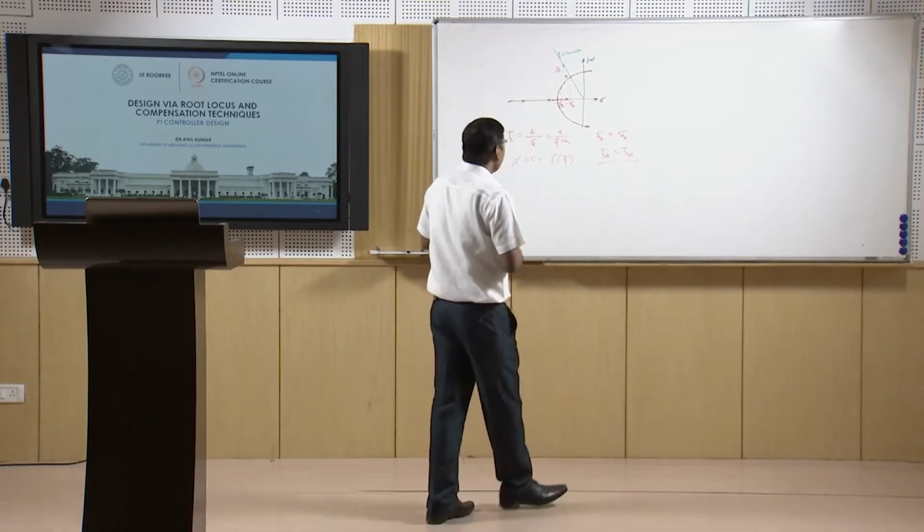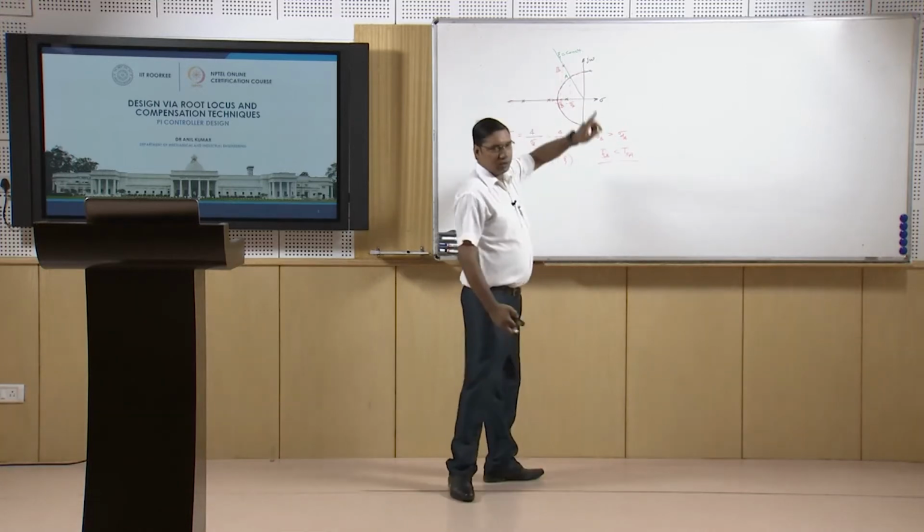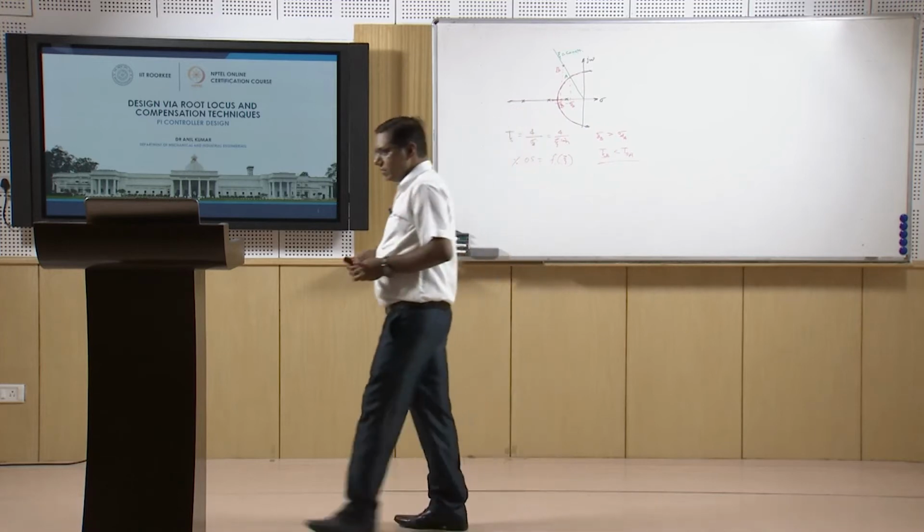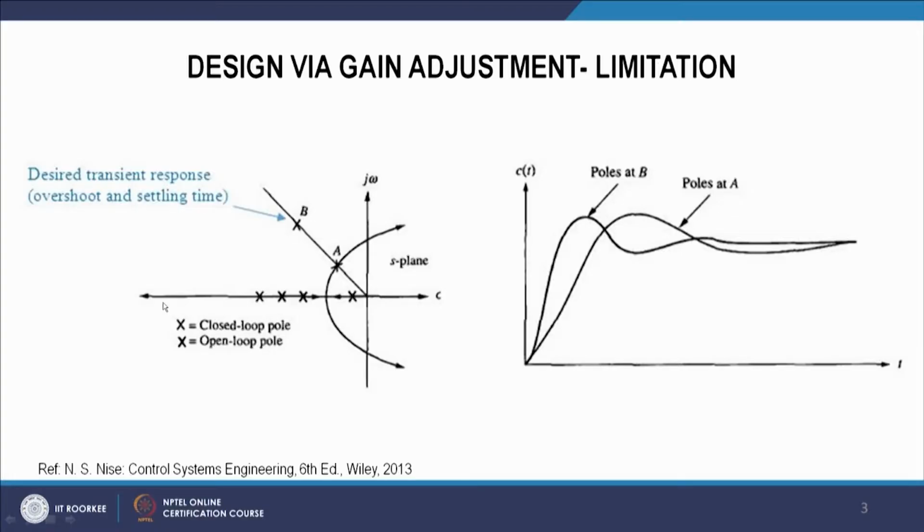So, we want to design our system for this point, not a point on the root locus, and here we can see the response. We can see the response for this system for poles at A. Here you can see that peak time is also larger and settling time is also larger.